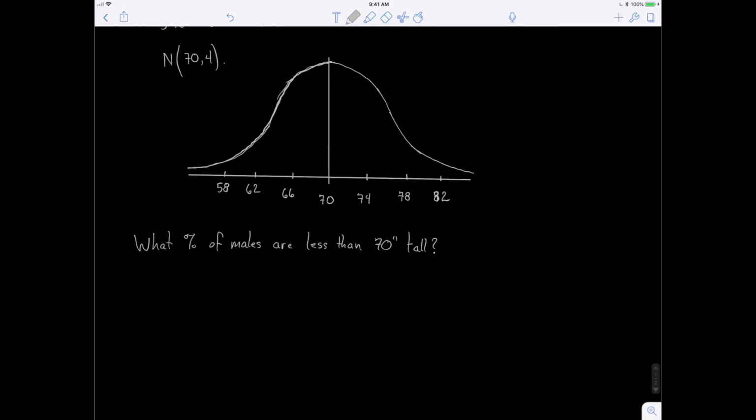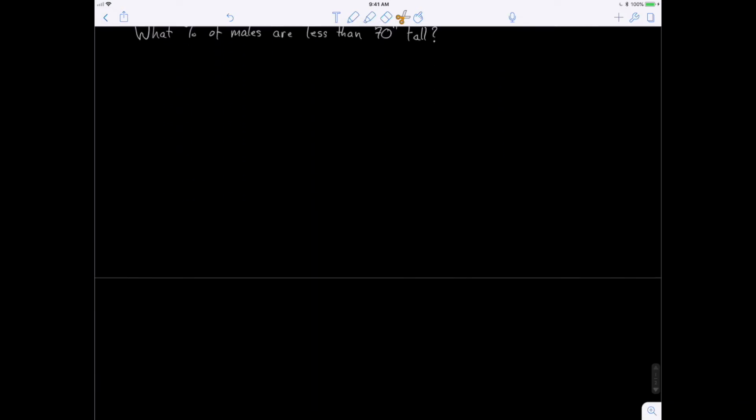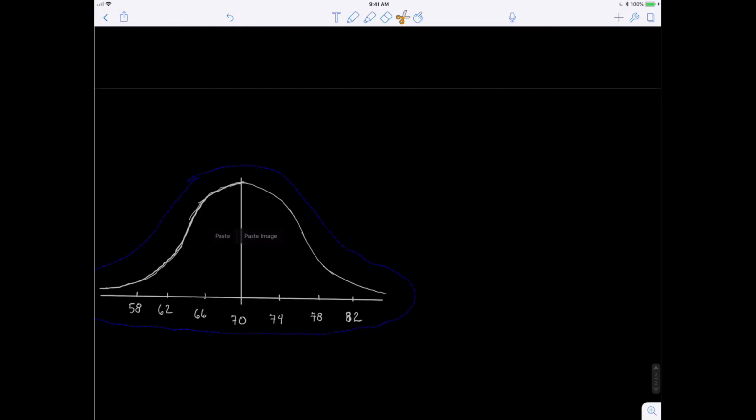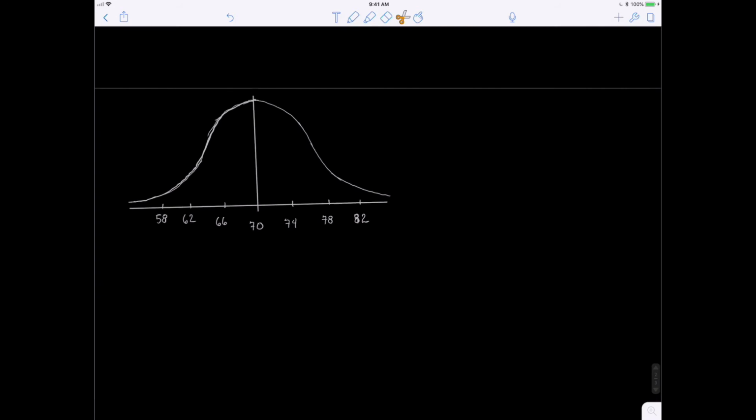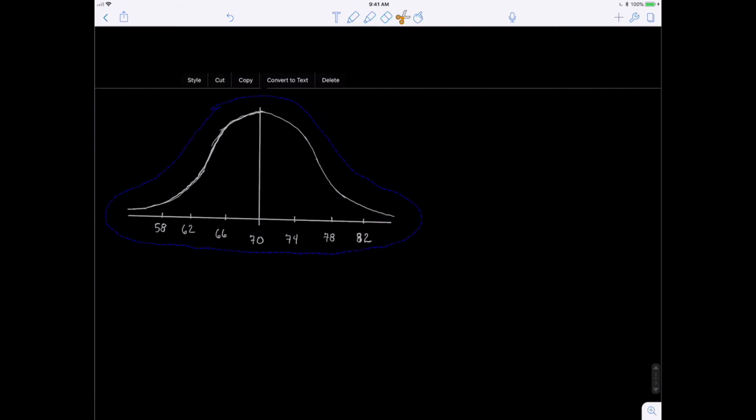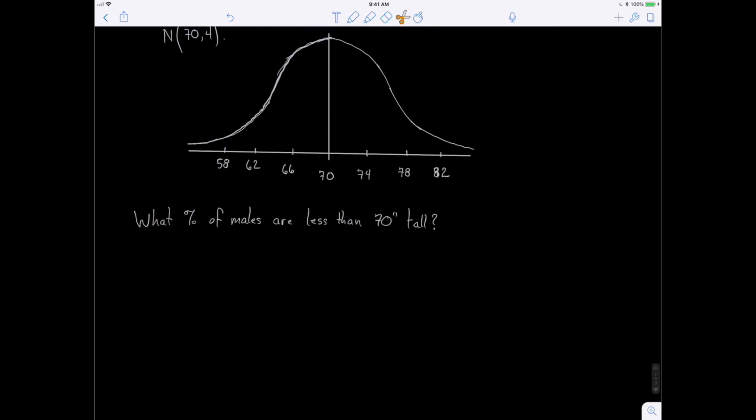This is a nice picture, so we don't have to draw it too many times. I'm going to copy it and bring it down here so I can use it again.